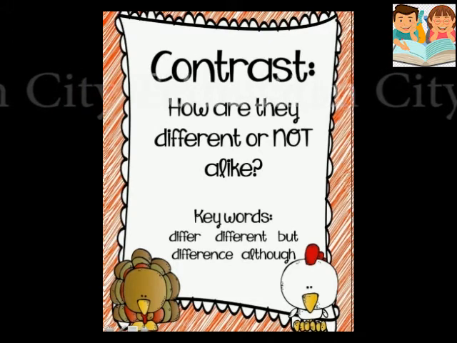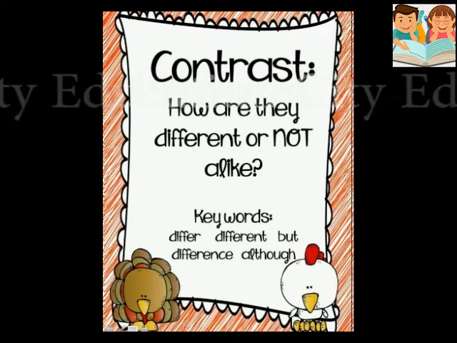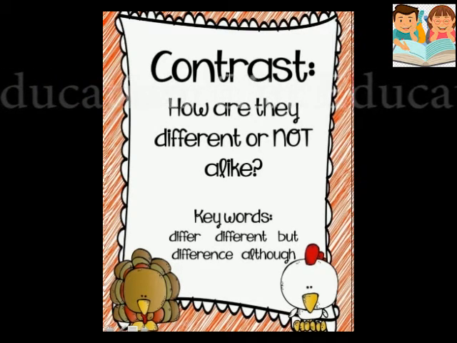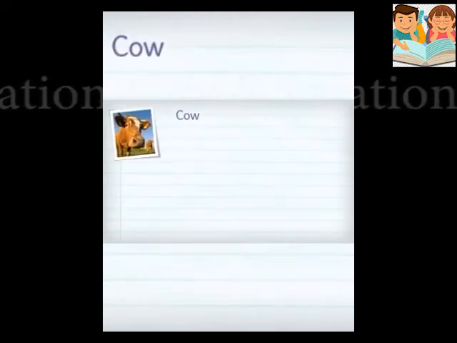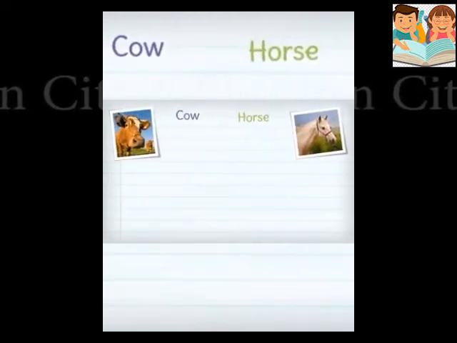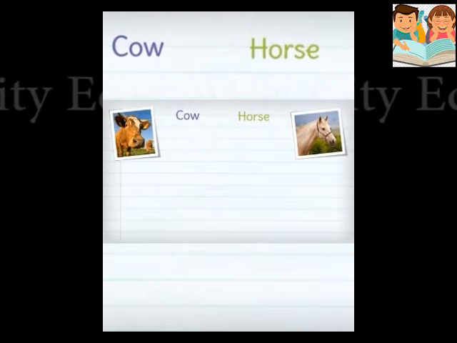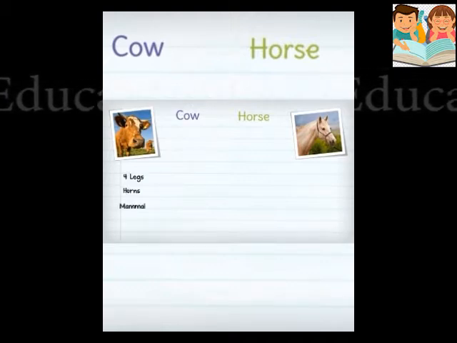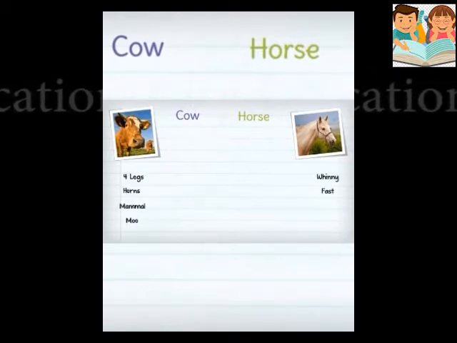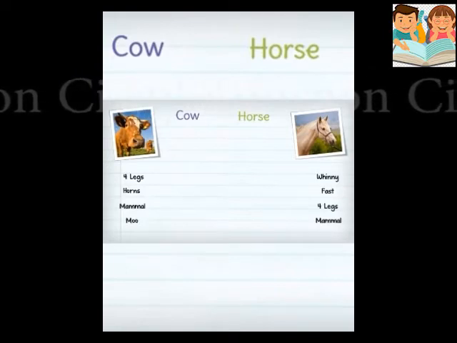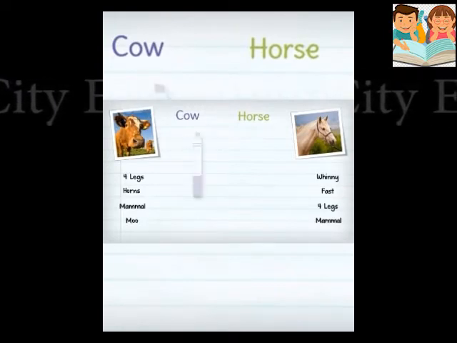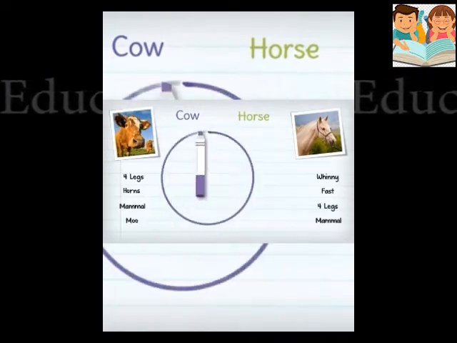Cow has four legs, two horns. Cow is a mammal and it makes the sound of moo. And the horse makes the sound of whinnying and it is a fast animal and has four legs and also a mammal. So now we will draw a Venn diagram.